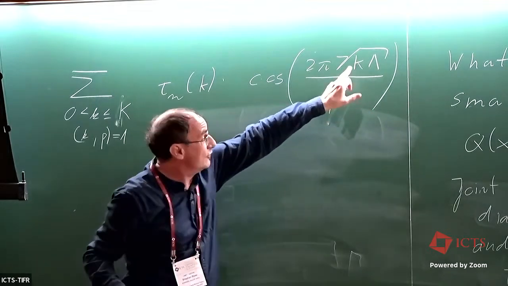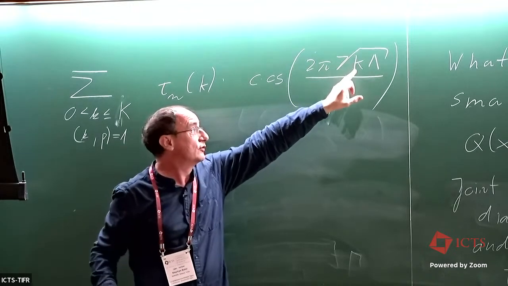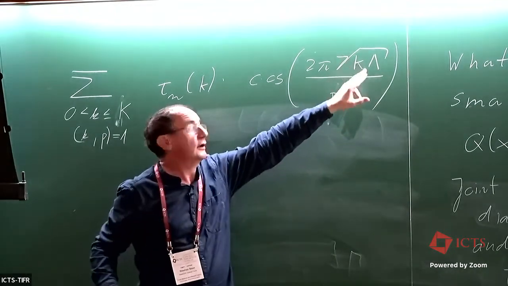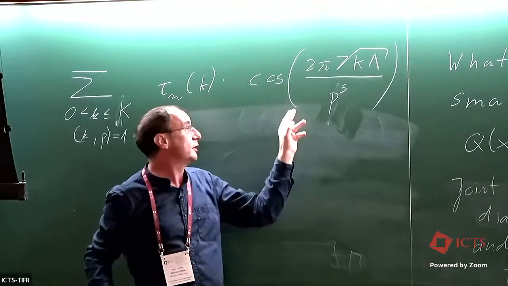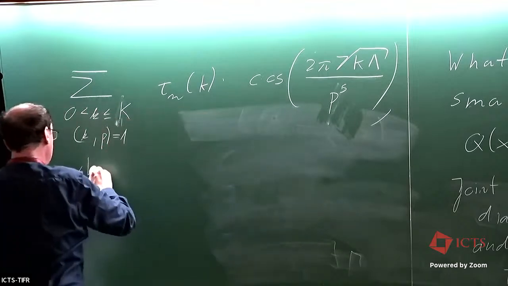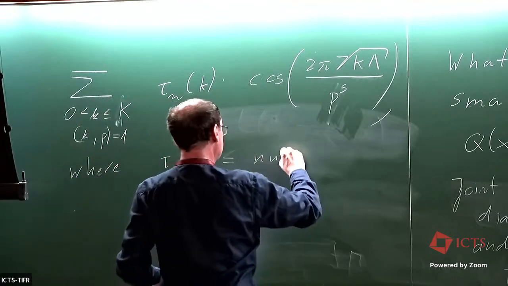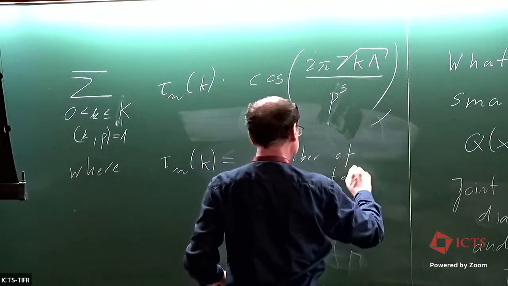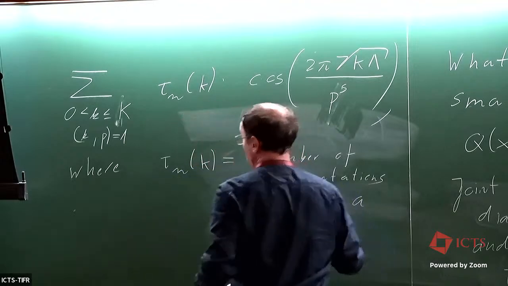This is, if it exists, one of the two square roots of k lambda modulo p to the s, lambda being a certain quantity, so modular square roots. This doesn't depend on which square root we take, of course, because cosine is an even function. We encounter such sums where, and now this connects to the circle method, tau_n(k) equals the number of representations of k by a dual quadratic form.